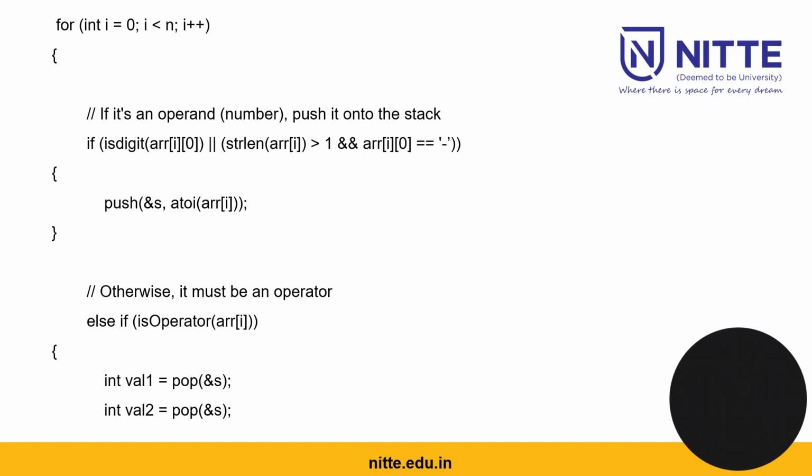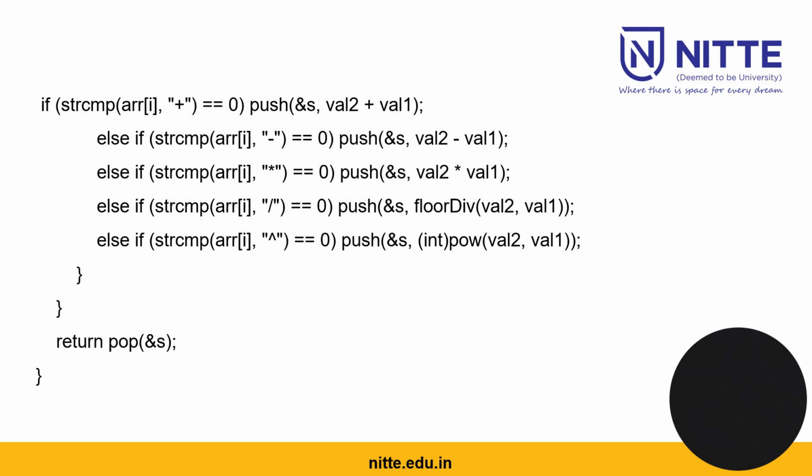The next element we will also pop from the stack and assign it to value 2. So if it is an operator, we are popping the top two elements from the stack and assigning them to value 1 and value 2 respectively.